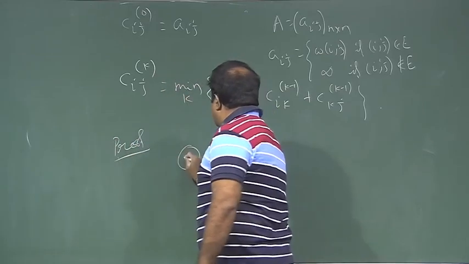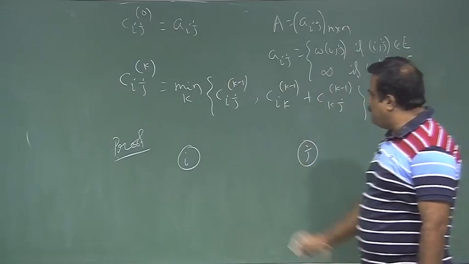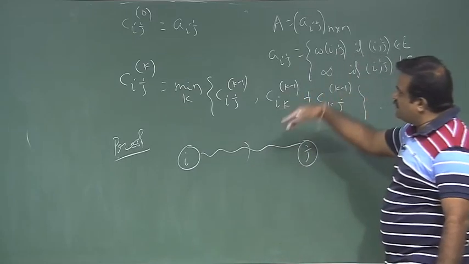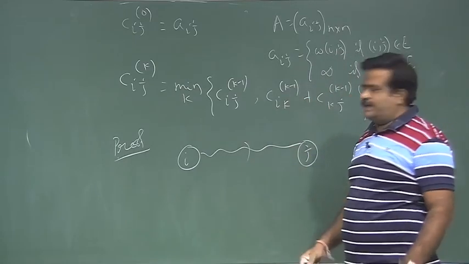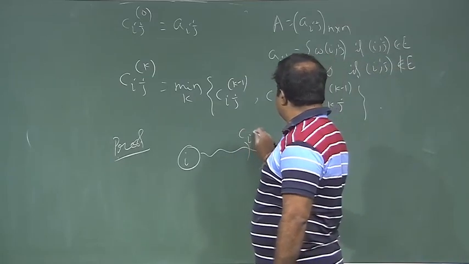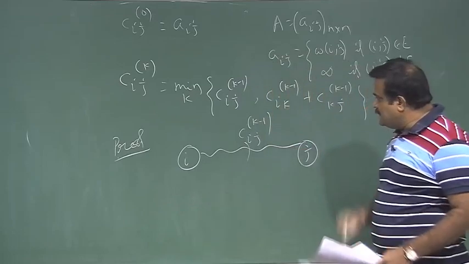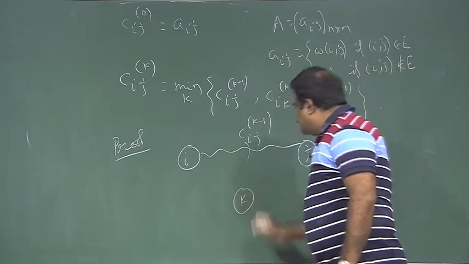We are at the ith vertex, we want to go to the jth vertex. Now, we do not want to see a vertex whose number is more than k. So, it may happen that we are not seeing the kth vertex at all. That is one possibility, that is Cij k minus 1, and another possibility is we may see the kth vertex in the middle.